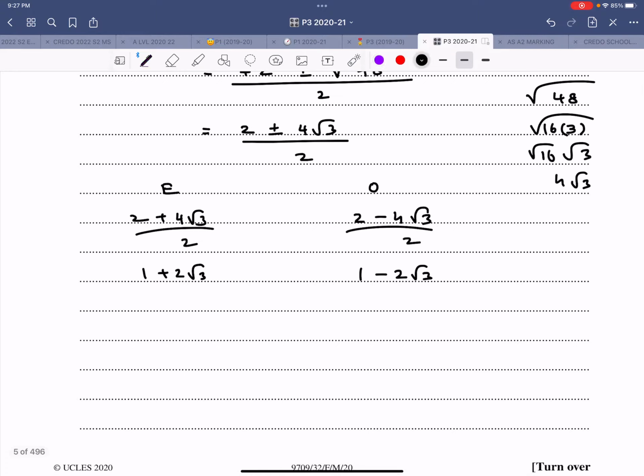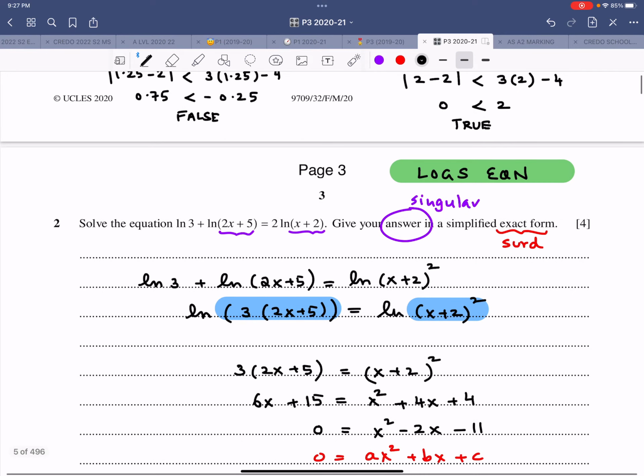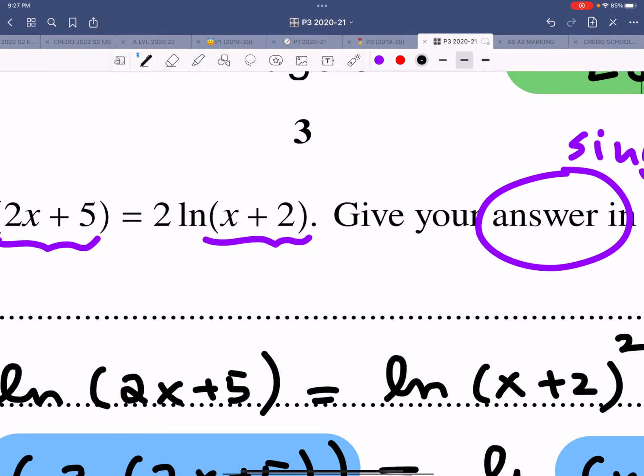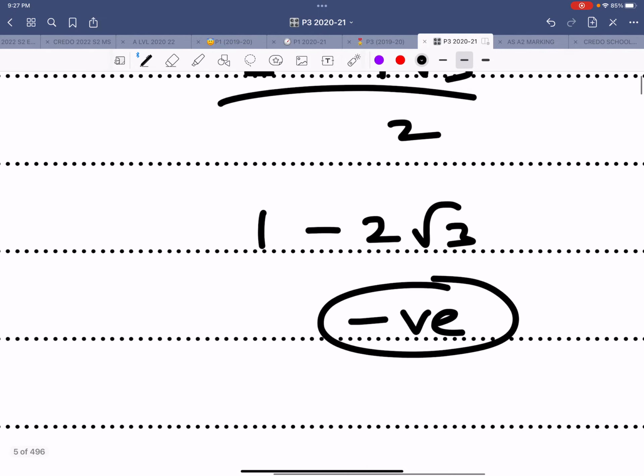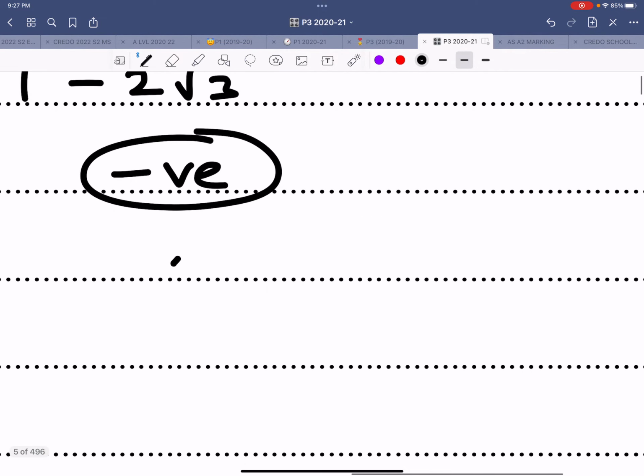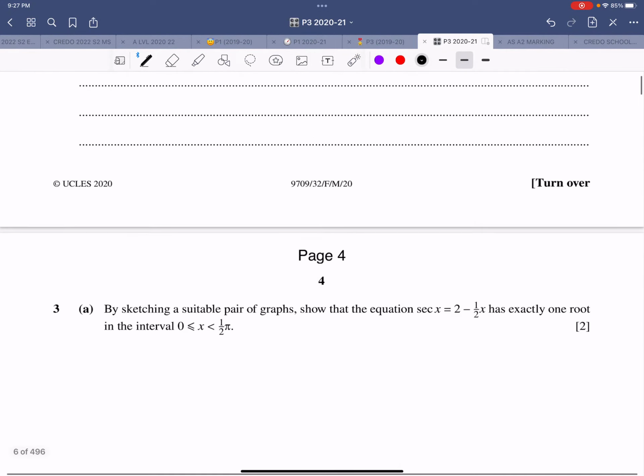So 1 plus 2 root 3 is a positive value, perfectly fine. 1 minus 2 root 3 is a negative value, and when you plug this value over there, x + 2 will eventually become negative. So that is why we are rejecting this particular value.